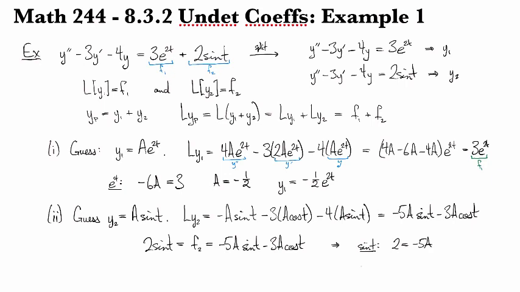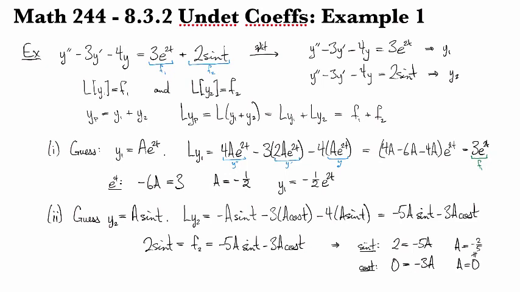And then for cosine, on the left side there's no cosines, and on the right side we have minus 3A cosines. And so the second equation says that A is equal to 0, and the first equation says that A is equal to minus 2/5. And it's a long-known, well-standing fact that 2/5 is not equal to 0, or negative 2/5.